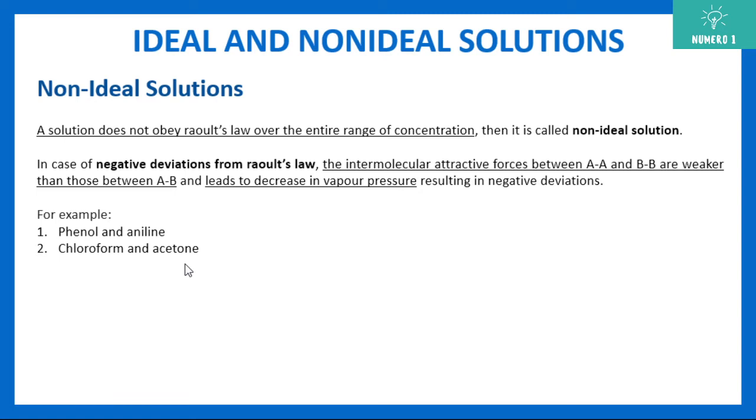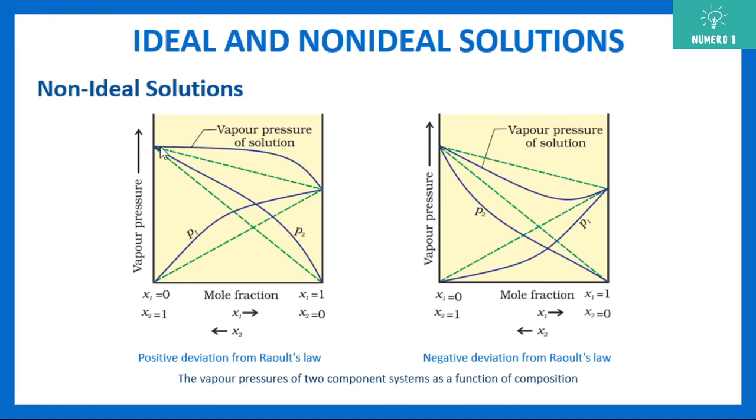Now just to show the graph of this deviation, it is this one. The green line here represents the ideal behavior. This is the one that is predicted from Raoult's law. So if you see here, the vapor pressure of the solution is higher. So this behavior is telling us it's a positive deviation.